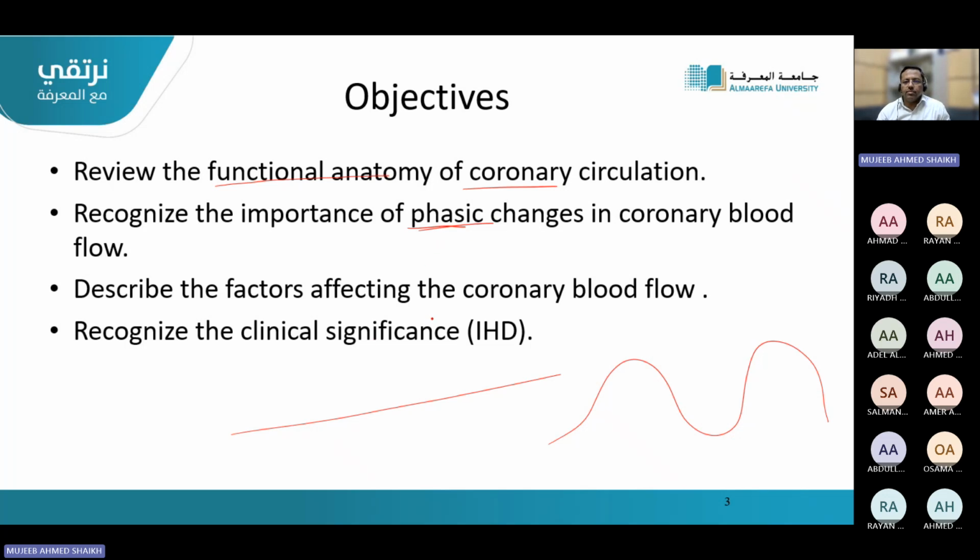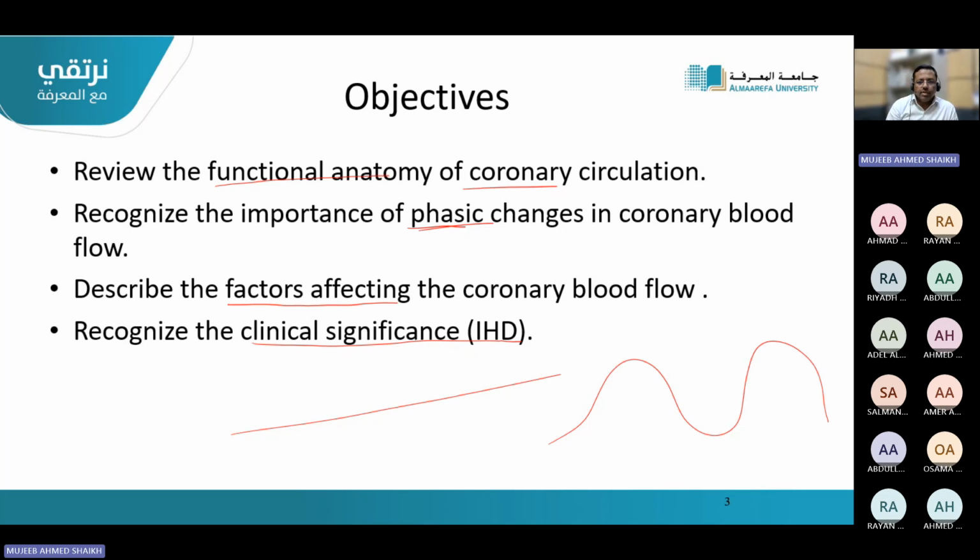What are the factors which affect the blood flow, making it more or less, or why is it changing? So what are the factors affecting the coronary blood flow, and what is its significance in IHD? Recognize the clinical significance of ischemic heart disease. So these are our objectives for today's lecture.